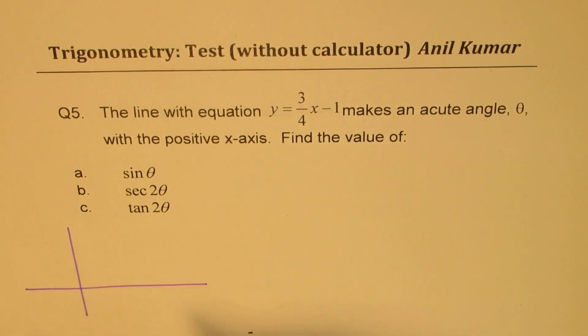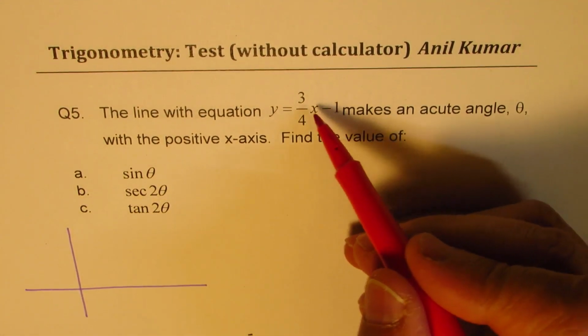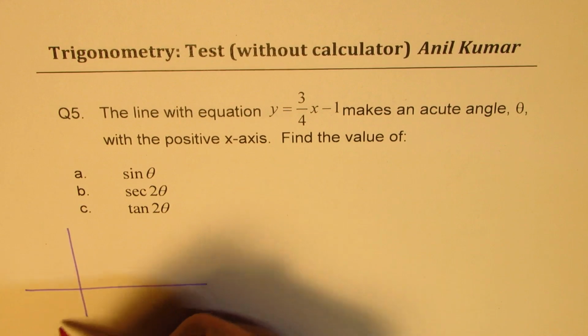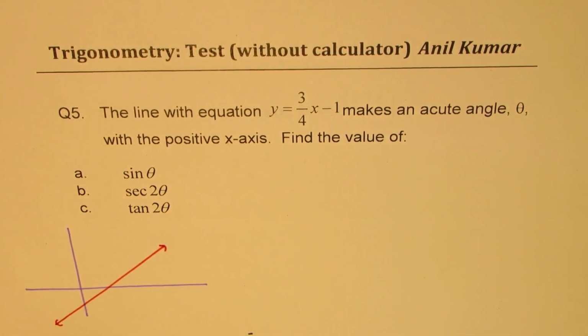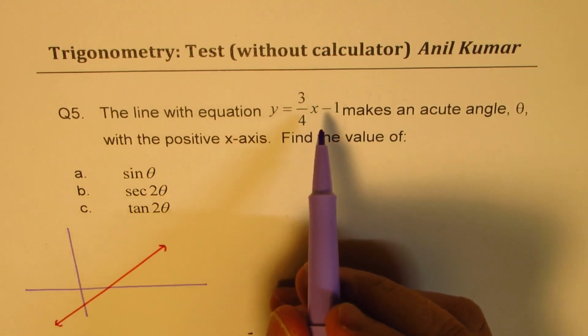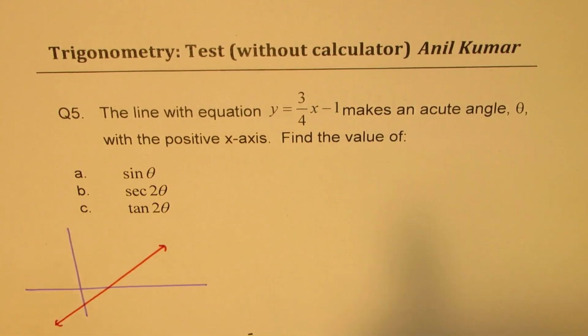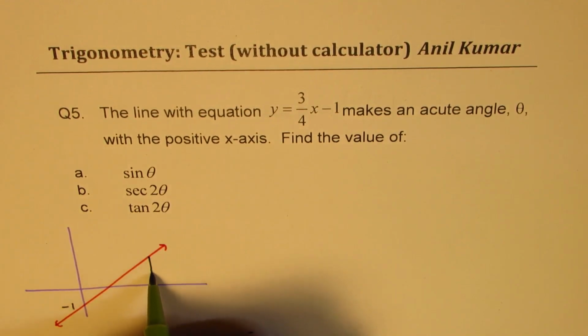So we have a line which makes an angle. So it starts with minus 1. Slope is 3 over 4. So let me just draw a line like this, correct? So basically what we understand from here is that, well, this is minus 1, that at any point the slope is 3 over 4. Correct? So if I draw any angle, let me draw it here.